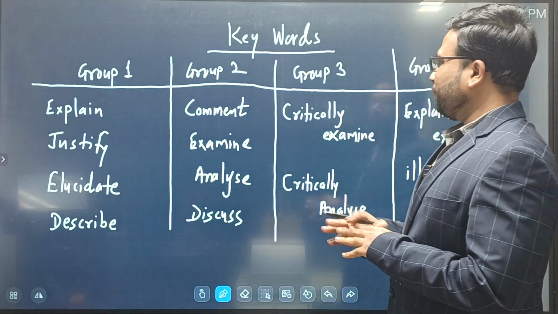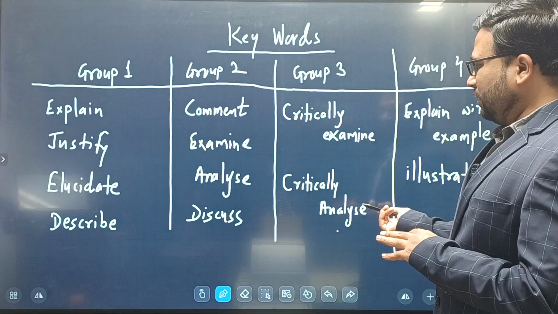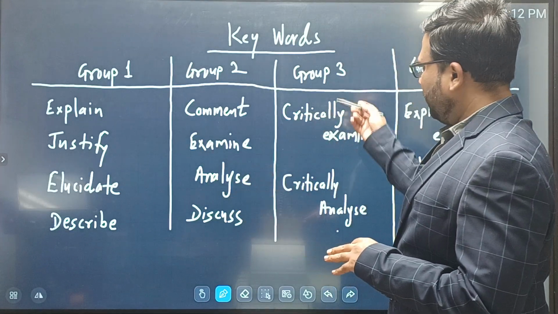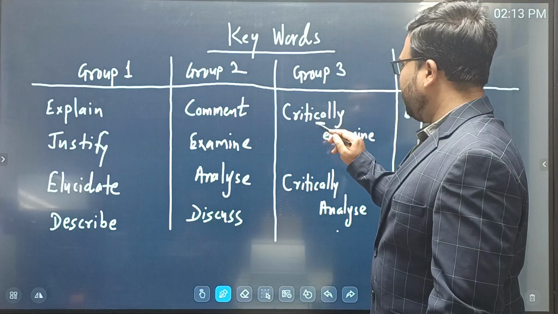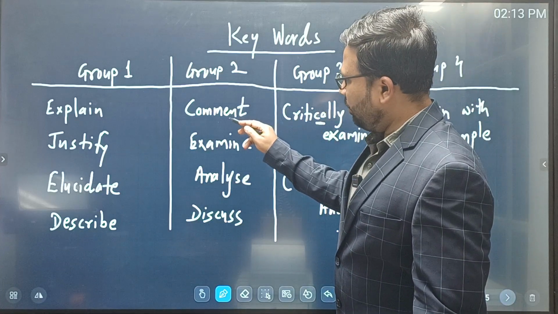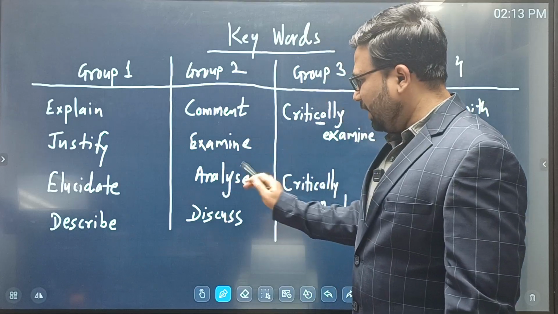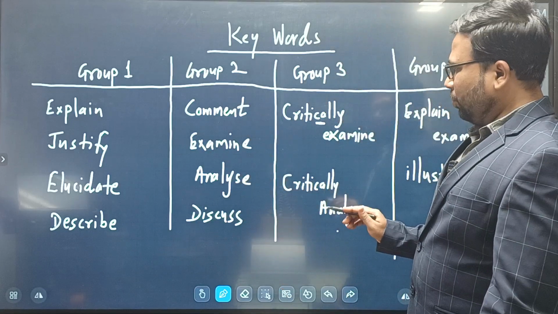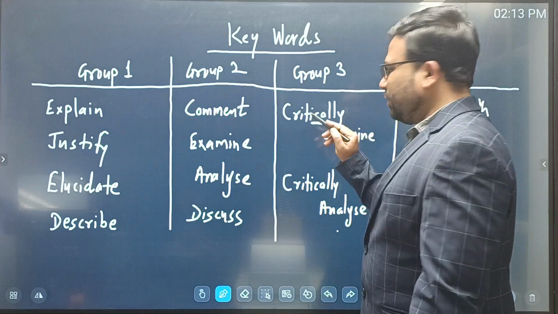That is the difference. Group 3: critically examine, critically analyze, critically discuss. Group 3 is nothing but the additional word critically just before any of these words: critically comment, critically examine, critically analyze, critically discuss. So group 2 words they are using and additionally putting this critically word.